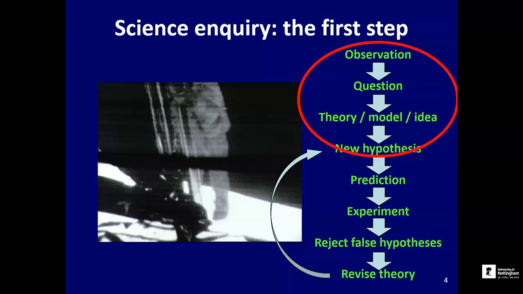So today we're going to look at this initial phase in the scientific process where scientists observe the world around them, the biological world in our case, and frame questions about that world, which often are associated with a theory, a big idea.